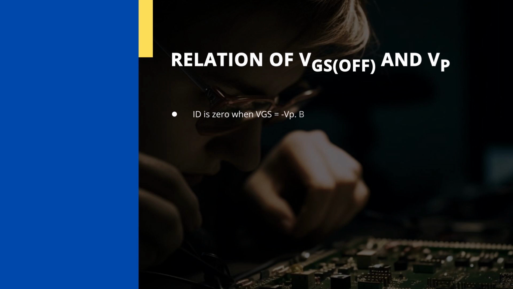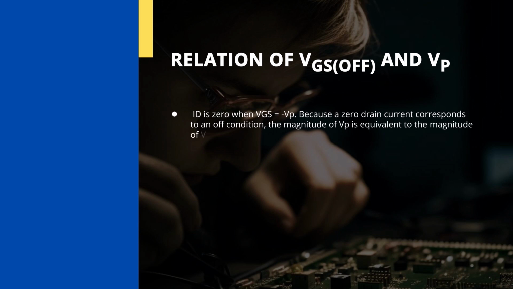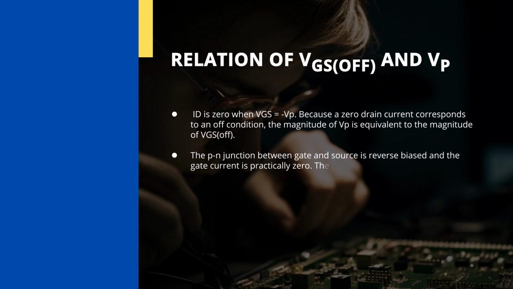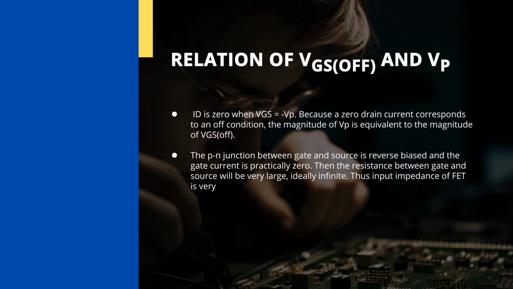ID is 0 when VGS equals minus Vp, because a 0 drain current corresponds to an off condition. The magnitude of Vp is equivalent to the magnitude of the gate voltage at off condition, or VGS off. Most JFET data sheets specify a value only for VGS off and not for Vp. But once we know VGS off, we can also know Vp.